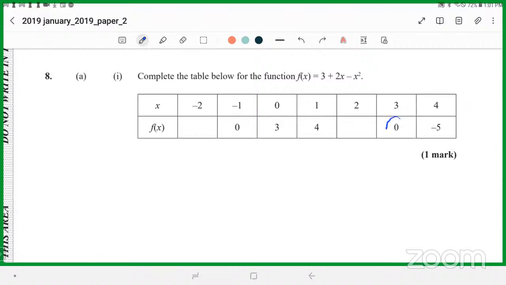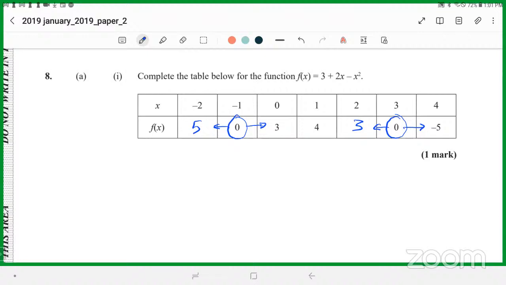Because I have this 0 here and this 0 here, a value outside of this 0 is 5, so a value outside of this 0 must also be 5. A value inward of this 0 is 3, so a value inward of this 0 must also be 3. So there it is, my table done, quick and fast, nice and easy.